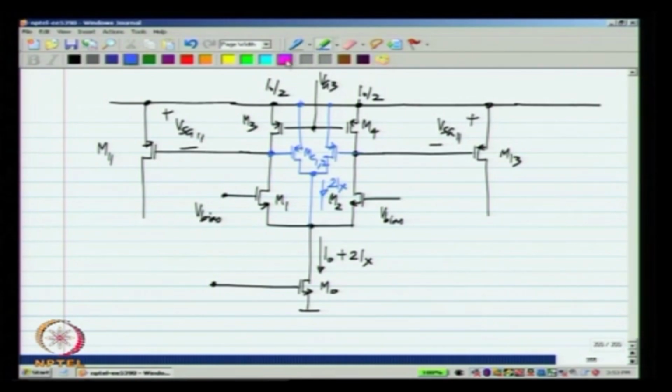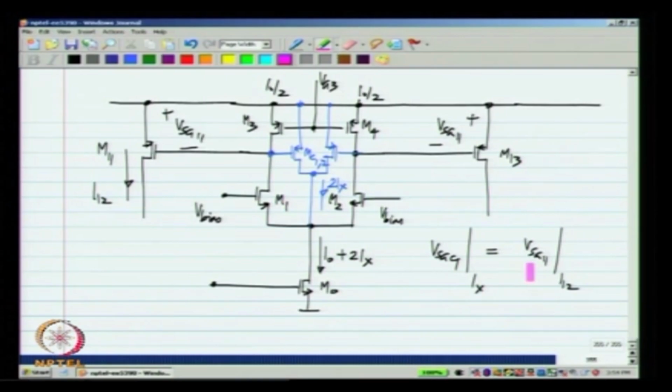If you remember what I just said, the output common mode voltage of the first stage will be VDD minus VSG of MC1 and MC2. So the voltage between VDD and this point is VSG of MC1 at a current of Ix. We want this to be equal to VSG 11 at a current of whatever is required, which I will call I12.